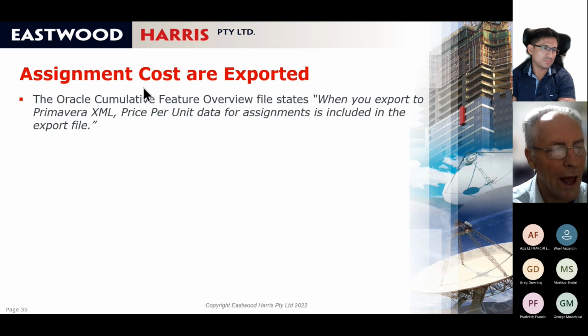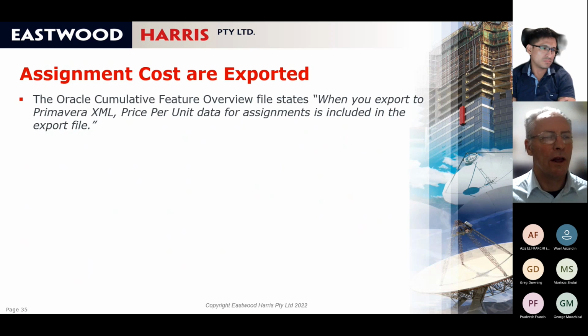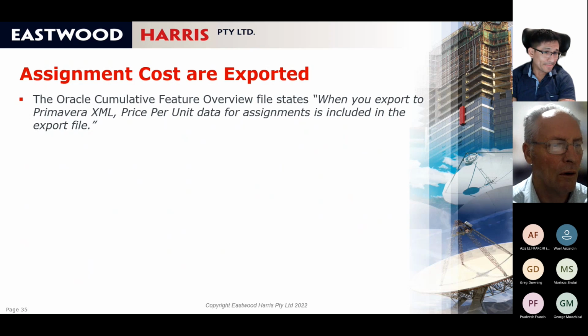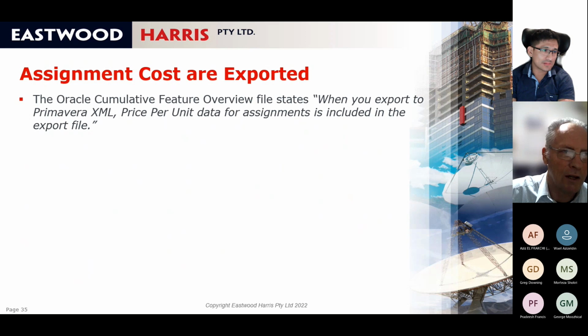So what happened in P6 version 21 and earlier? If you had an XER file and you exported the file to another database and imported it, it calculated exactly the same cost. But what happens when you export an XML file into another database?